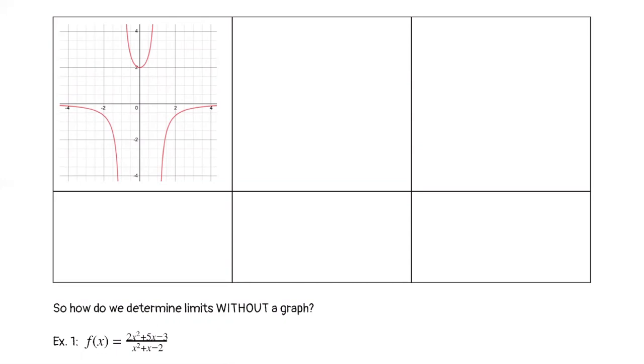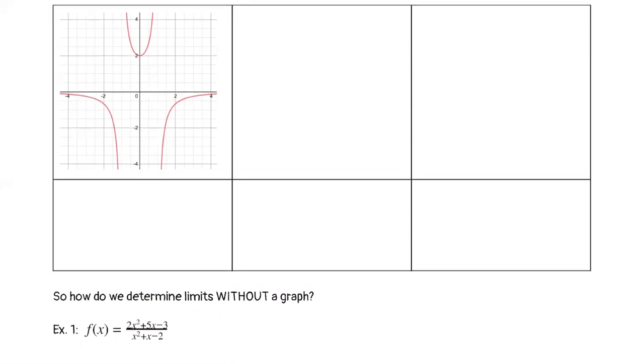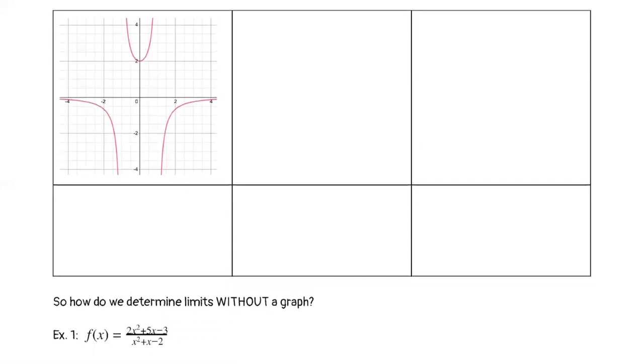Okay, we want to really get into this notation here. Okay, so x equals +1 or x equals -1. Good. So if I highlight that here, I see that I have 1 like right here, and then I have another vertical asymptote like right here. Okay.